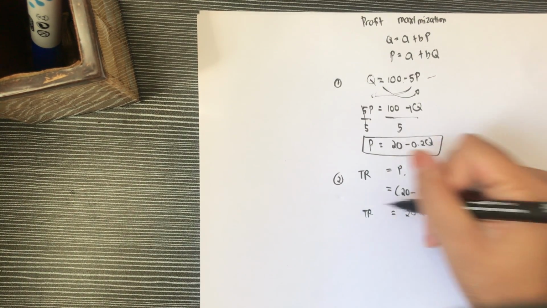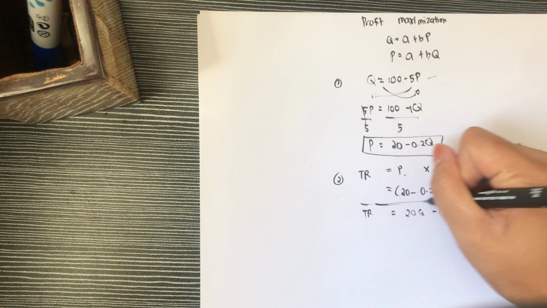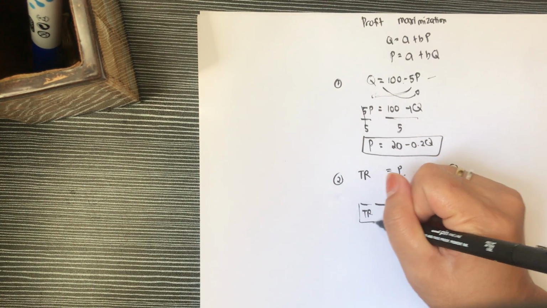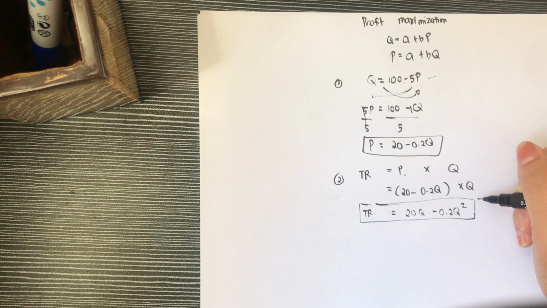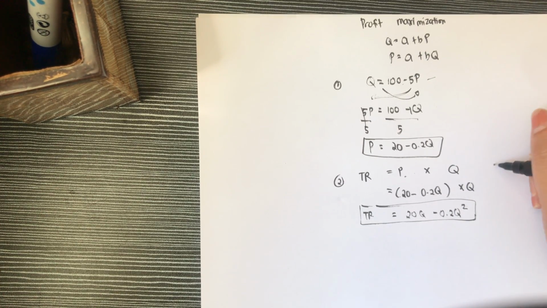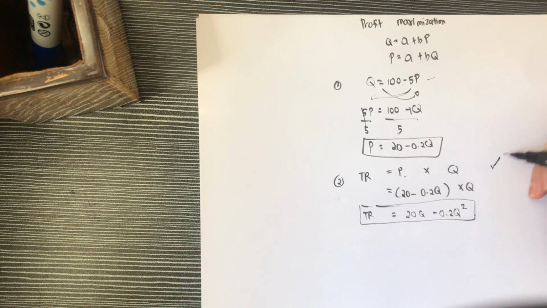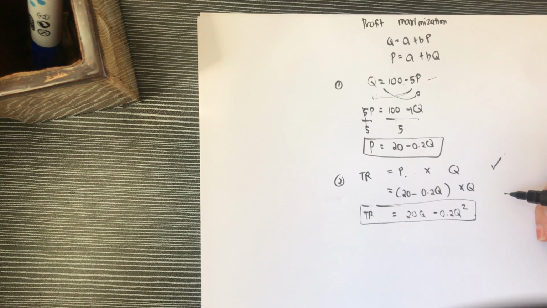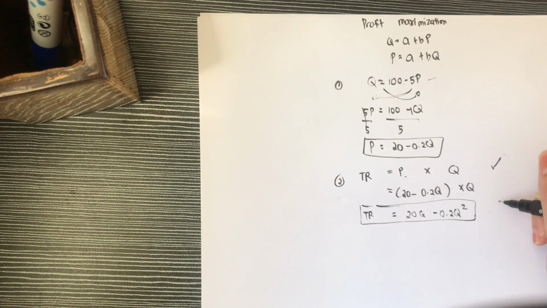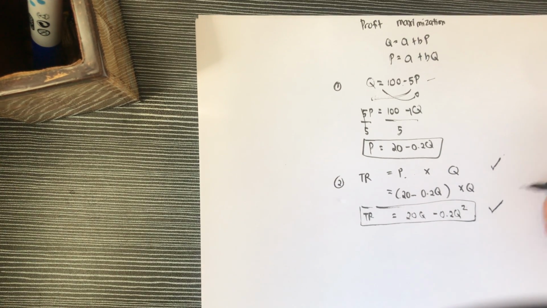So that's TR. By the way, class, later on, if we are going to prove our answers, and you want to know total revenue, you have two ways to solve for it. The first one is you simply multiply P times Q, and the other one is that if you don't have any idea how much P is, but you do know how much Q is, then you can just put it here in the TR function.